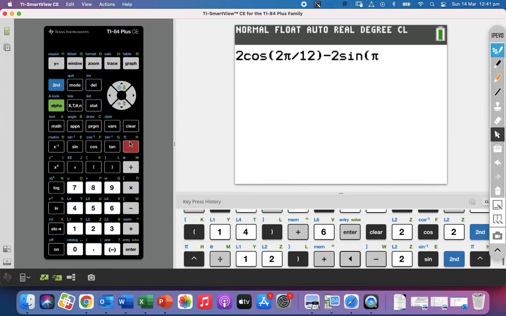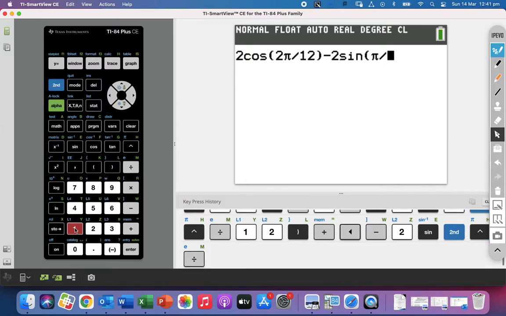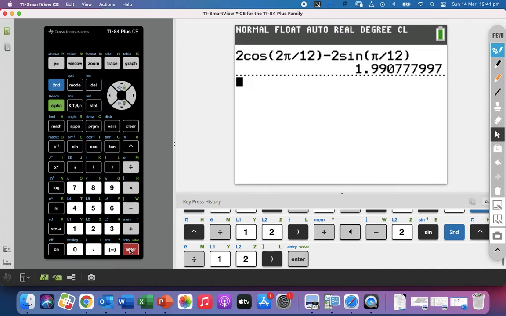Right, now the first x I'm putting in is pi on 12, and that's a positive number. So the pi on 12 was my x there, right?